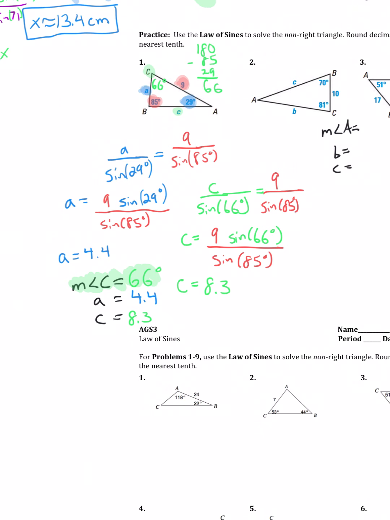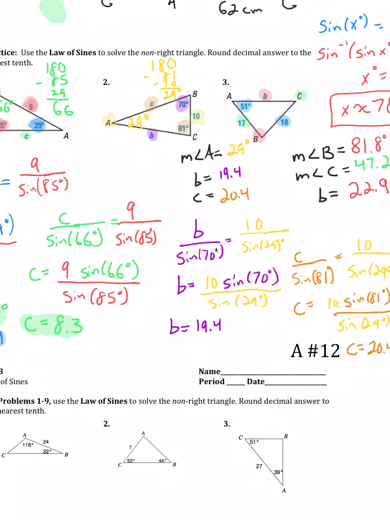So when we find side length A, we end up getting 4.4, and that means that side length C should be between 9 and 4.4, and it is, which is a good thing. So that's just how we can verify our answers there, but we're just doing that simple law of sines setup and then solving for the respective variable. Okay, that's the idea. So now try the other two, give you a minute.